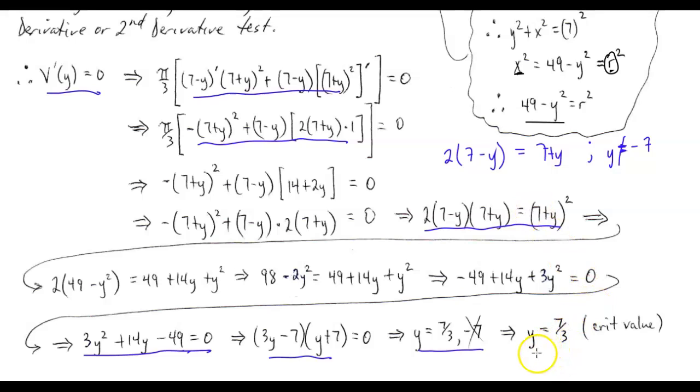And so with that, we see that our critical value is 7/3. And at this point, all I need to do is take 7/3 and plug it back into the derivative of my function. What I would probably do is use this form of the derivative to make life easy on myself, plug that back in to see, am I going to get a positive or negative value?